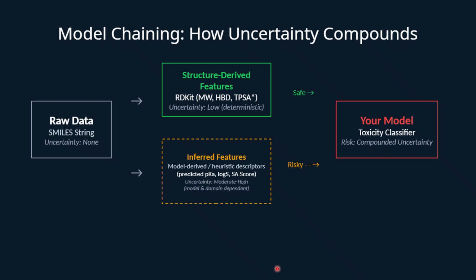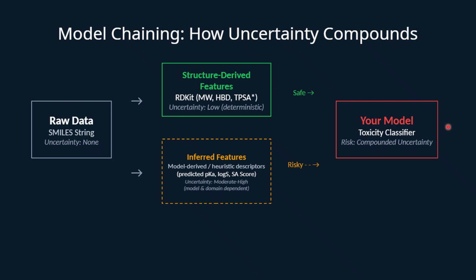Uncertainty increases when we move to inferred descriptors such as predicted pKa or solubility or heuristic scores like synthetic accessibility. These values depend on models or rule systems and are therefore method and domain dependent.